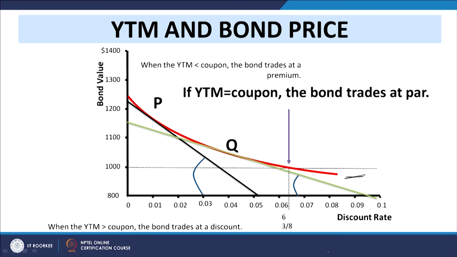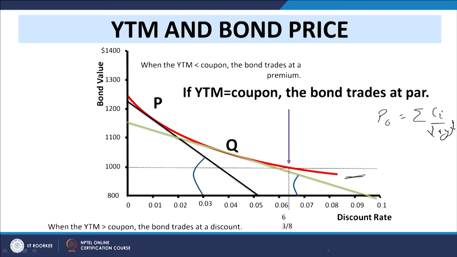That is very obvious, because we have P0 equal to the summation of C_i upon (1 plus y) to the power i. So, as YTM increases, P0 will decrease, and vice versa. The second thing is, if YTM is equal to the coupon, then the price is equal to the par value of the bond.